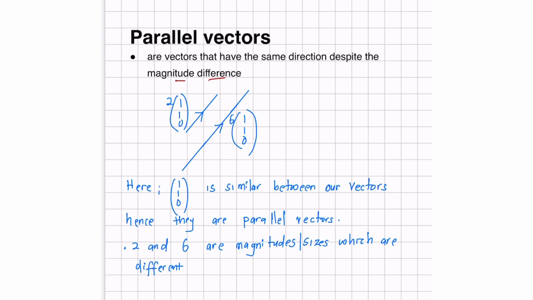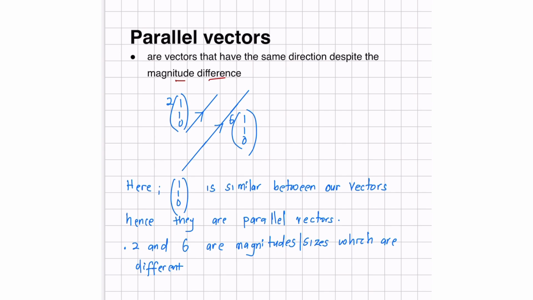So what you've got to keep in mind is how do we identify that these two vectors are parallel vectors? I say that vectors can have different magnitudes, but they can be going in the same direction. So here we've got examples of two vectors.